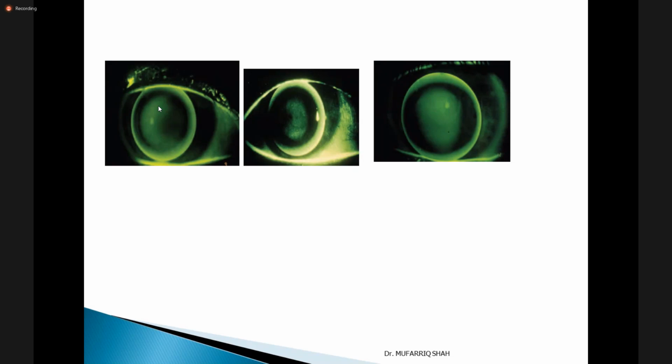Okay, through experience you will be able to judge which type of lens this is, but just some hints. In cases of Rose K2 NC lenses, the dia is smaller. In cases of Rose K2 IC, the dia is greater. NC, dia is smaller. IC, the dia is greater.